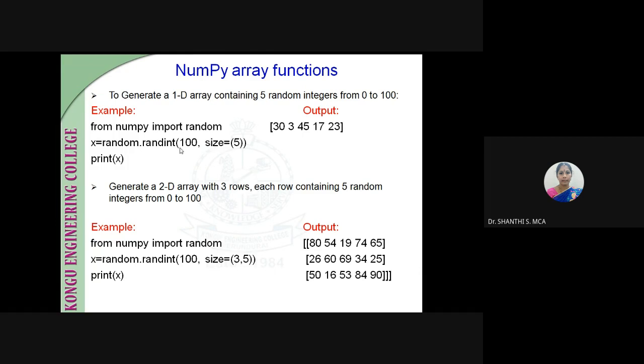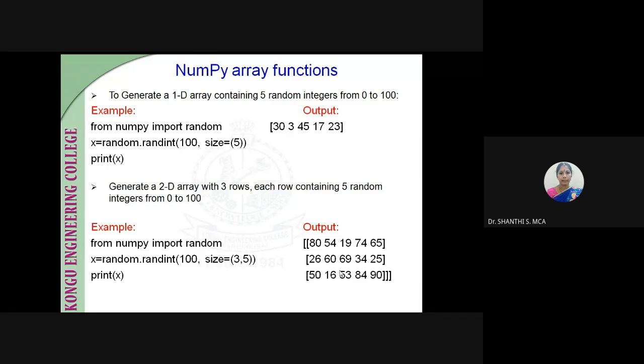This is the range: it will generate random numbers from 0 to 100, and it will generate 5 random numbers. Here, if you give size equal to 3, 5, that is, sizes in 2 dimensions, this will generate 3 into 5 random numbers: 3 rows, each row consisting of 5 columns. So this is a 2D array, an integer random number array with 3 rows, and each row consists of 5 columns.